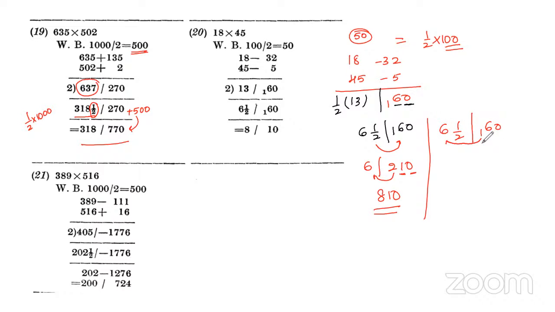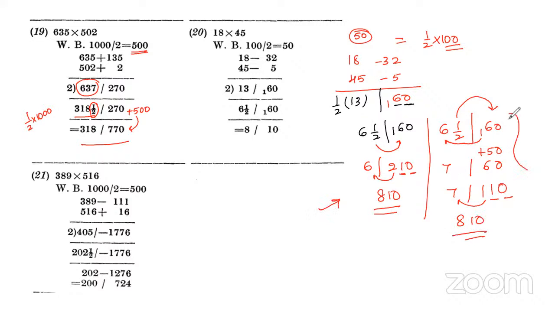First you carry this part to the whole number, then 7 and 60 you are getting, and this is the half you are adding here, so that is plus 50. So 7 1 1 10, again 2 digits we need, so again carry the number, 110. So I think this is the easier one, you can choose this one, there is no need to follow this.